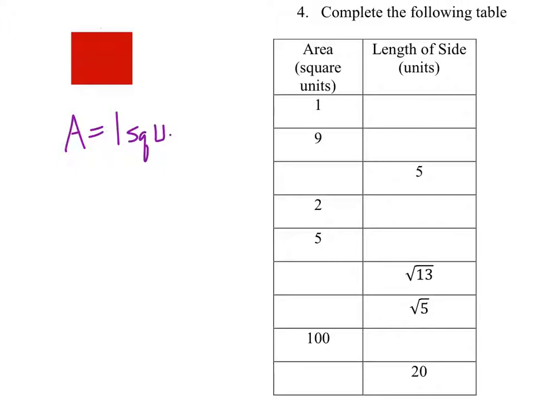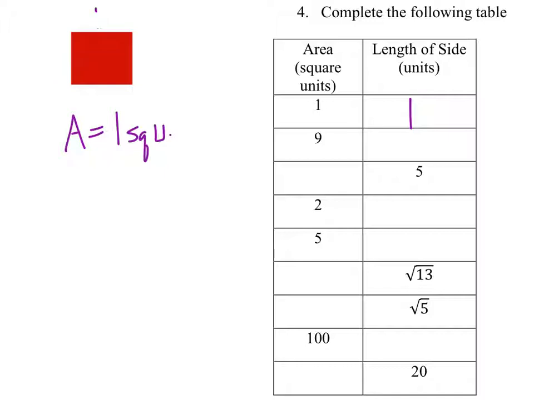Well, we know that 1 times 1 is 1, so the side length would be 1. And we would fill that into the table. Some of you said we are getting into square roots, which is what this is. And some of you don't know where that button is on the calculator, which we will help you find later on. But for now, we should be able to fill in all of these values without a calculator, even if we just use the table on the previous page.